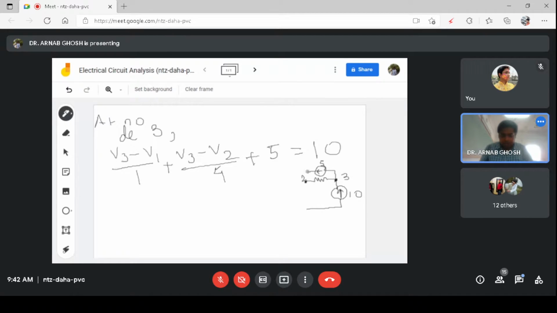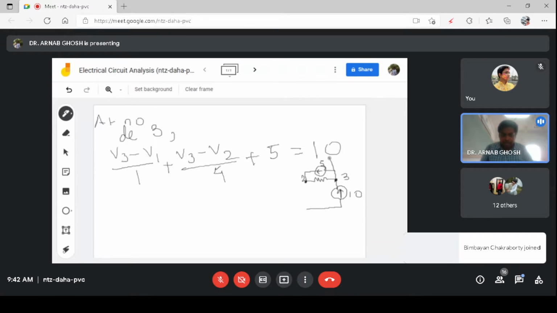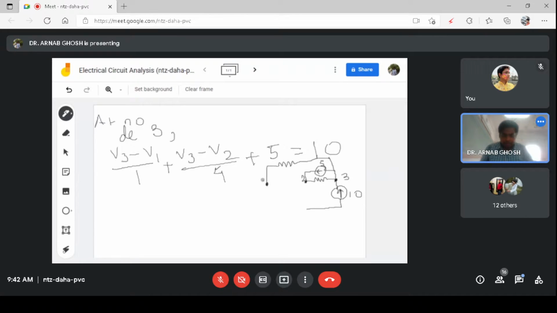This was connected to this part, and you had another resistance that was 1, and this was 4 kilo.